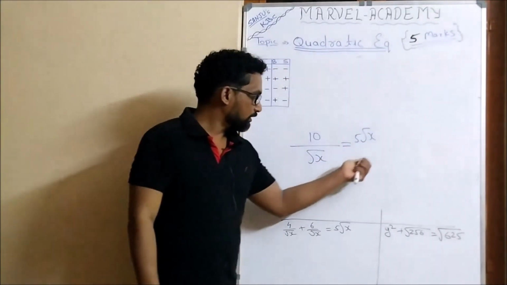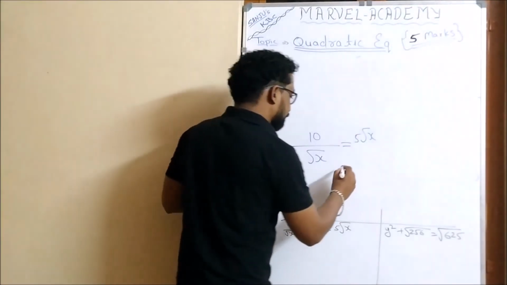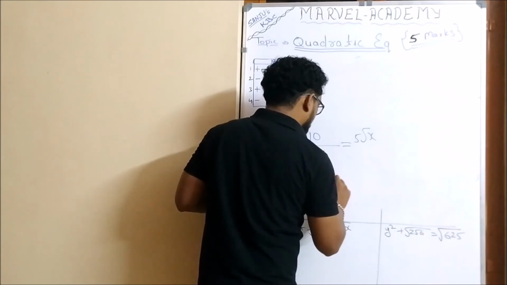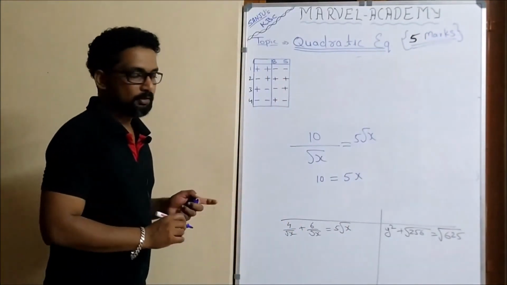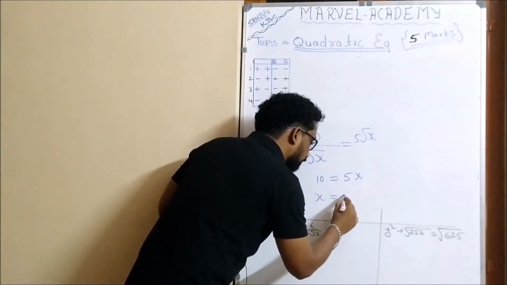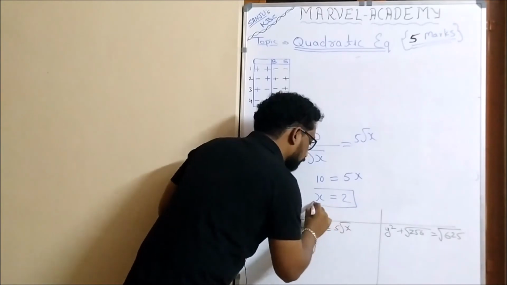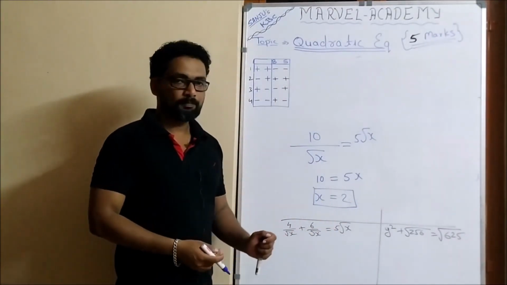If I multiply by this root x, then I will get 10 equals 5x. That means the value of x is 10 by 5 equals 2. See how easy this one is.